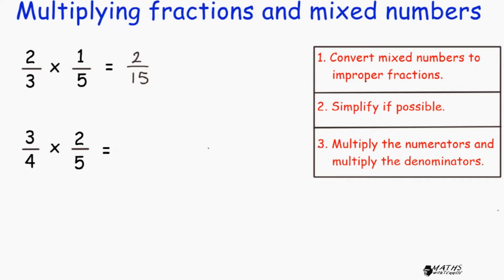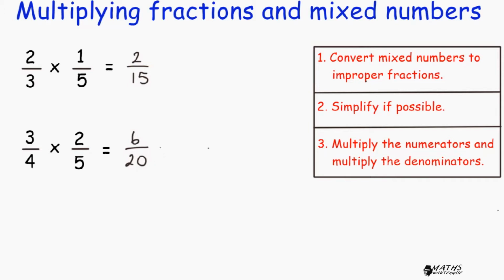Again, I'm going to apply my rule number 3, which says multiply the numerators and multiply the denominators. So 3 times 2 is 6, and 4 times 5 is 20. I can tell that this fraction is not simplified because 2 can go into both 6 and 20.